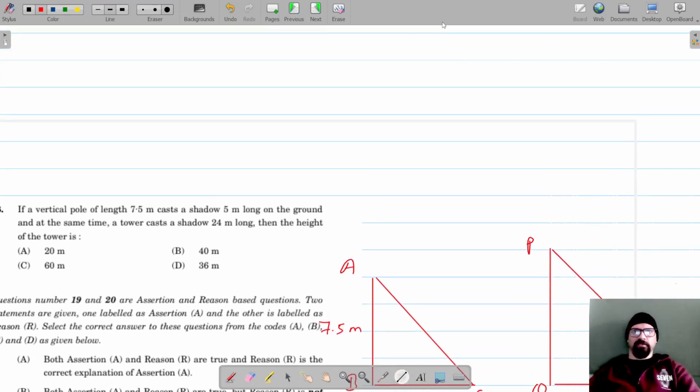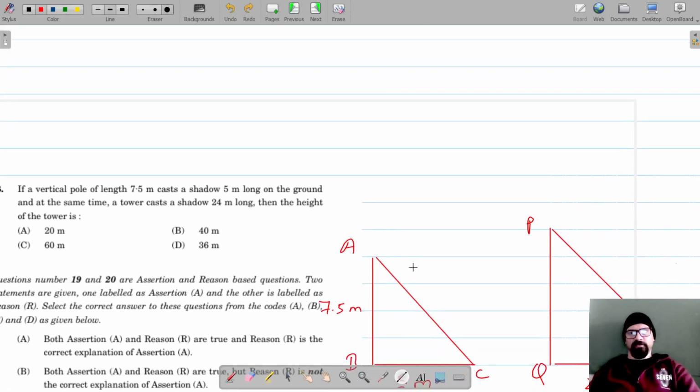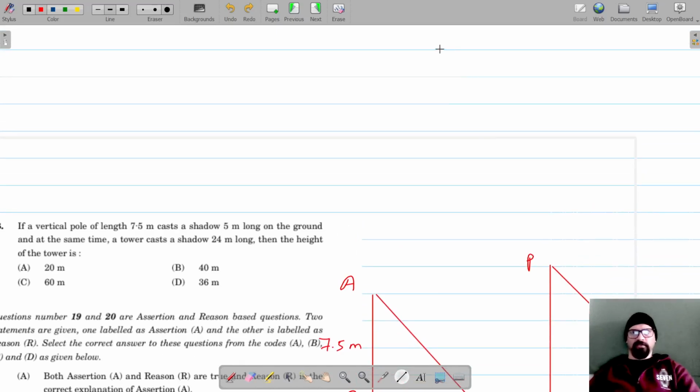Because the sun is very far away, and these are two objects which are very small compared to the sun, the angle made by the sun's rays will almost be equal.